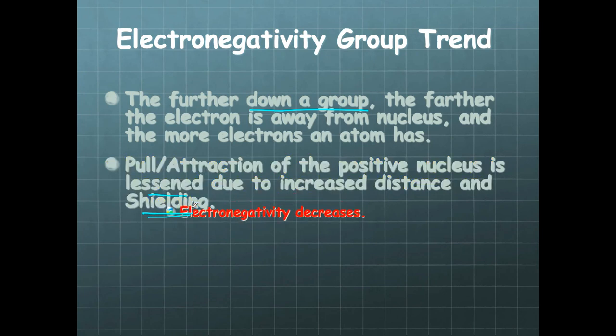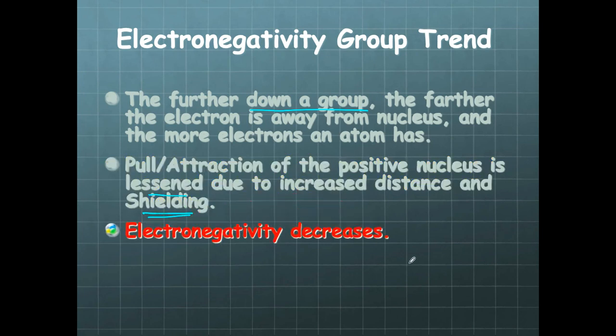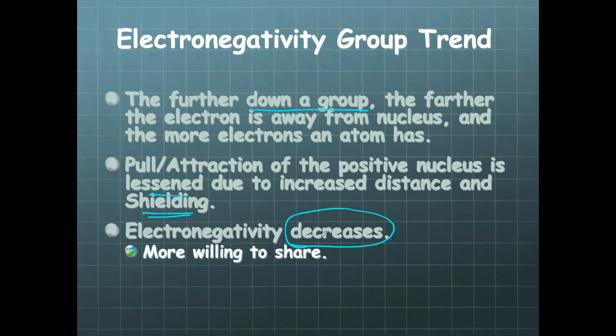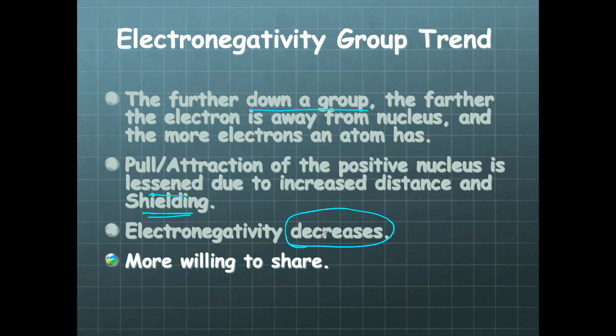Because of these reasons, electronegativity decreases as we move down a group. So it is more likely that that atom is willing to share electrons rather than pull away the electrons from another atom.